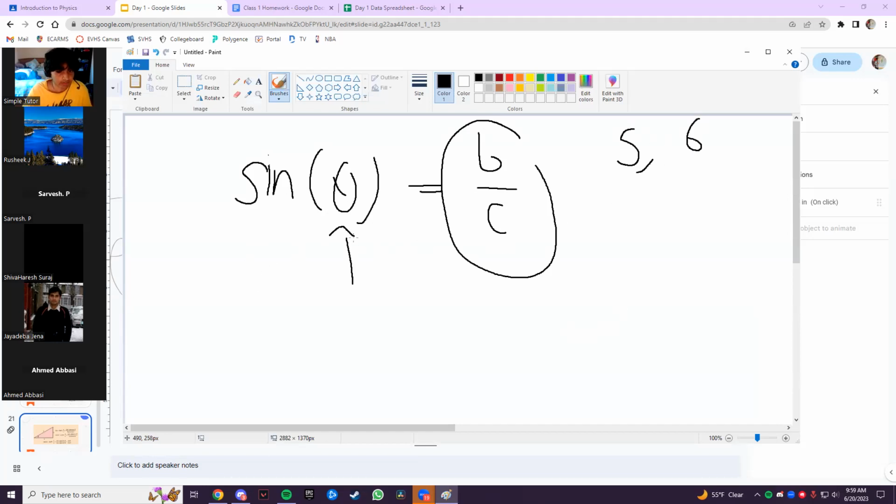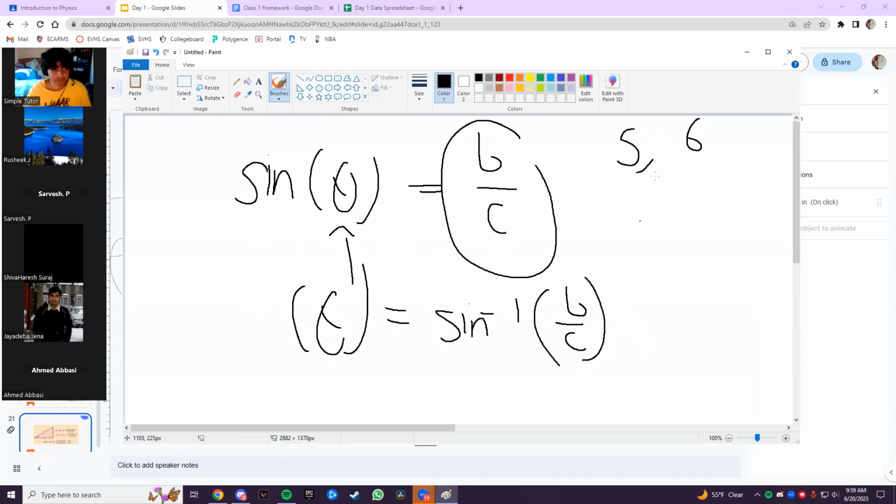How can I find this angle? So the easiest way is simply writing theta equals sine inverse. This is another function on your calculator, so you do not need to perform this math. The sine inverse of 5 over 6, b over c, will give us the value of theta.